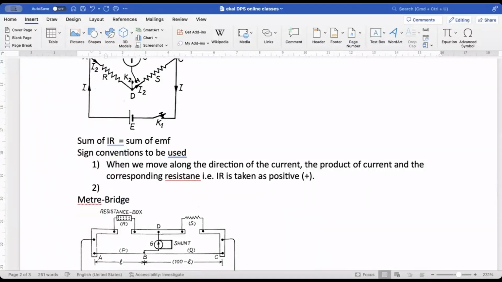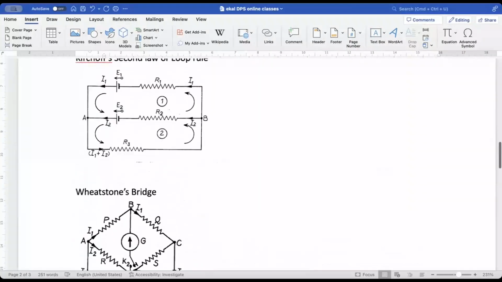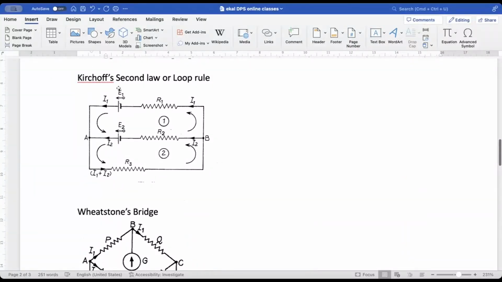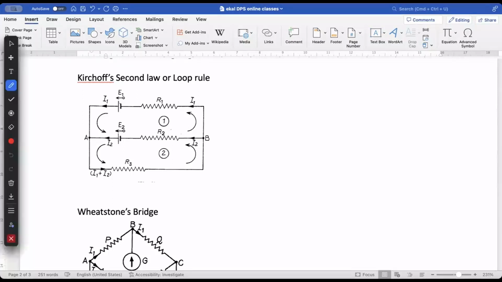And when EMF is taken positive, suppose like in this loop, this is say E1. E1 is shown moving from negative to the positive terminal. It is taken as positive. And if it is taken in this direction, from positive to negative, then it is taken as negative. Here it is taken from this to this, so it is taken as positive.